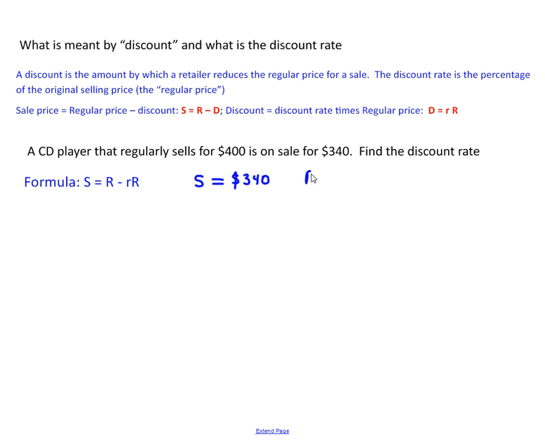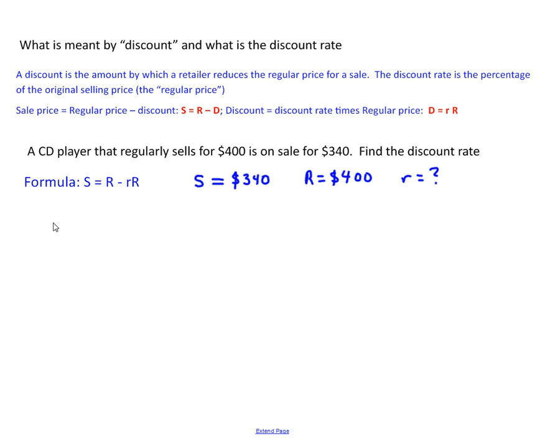And the regular price is $400. Whenever you're using a model, remember that the idea is that you should identify what you know and don't know before you start applying the model. And a good practice is to actually write the model. Our discount rate, R, well, we don't know that yet. So that's our unknown. So we're going to have to figure out what that is.